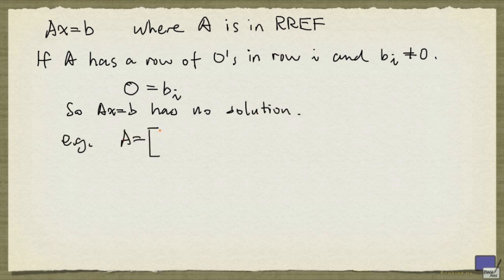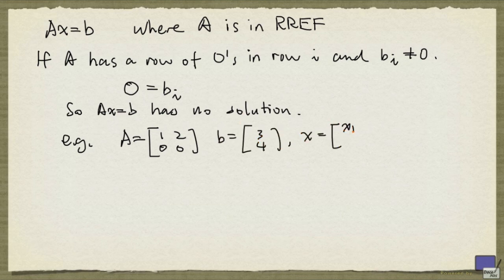For example, if A is [[1, 2], [0, 0]], b is (3, 4), and x is (x1, x2), then the system Ax = b has no solution, because if you write the system out in full, no matter what you choose for x1, x2, the second equation will never be satisfied.